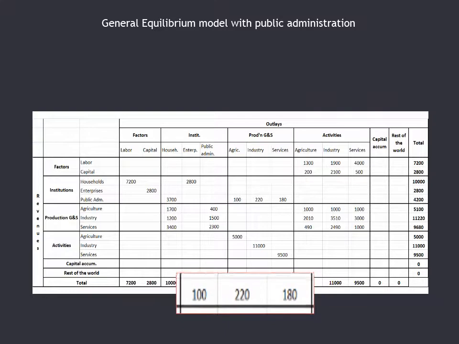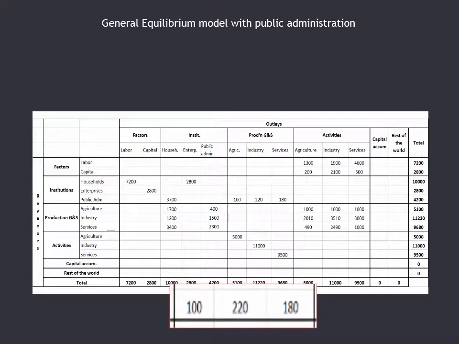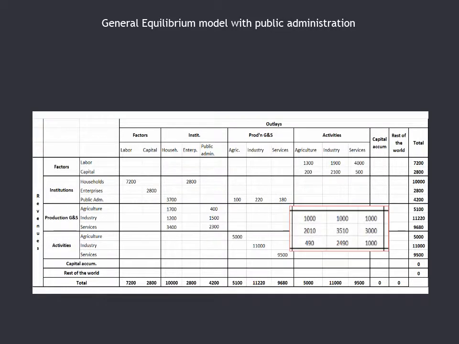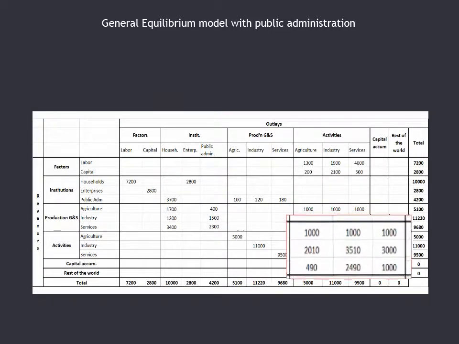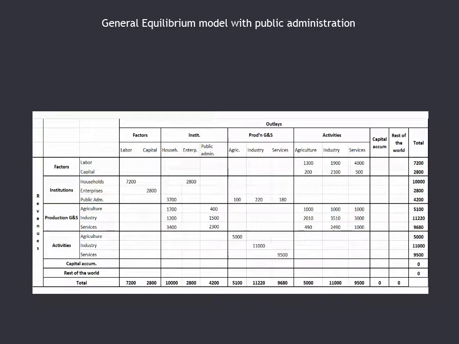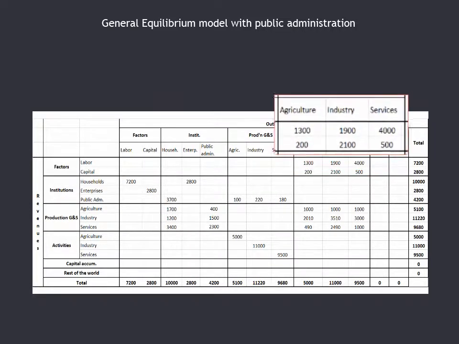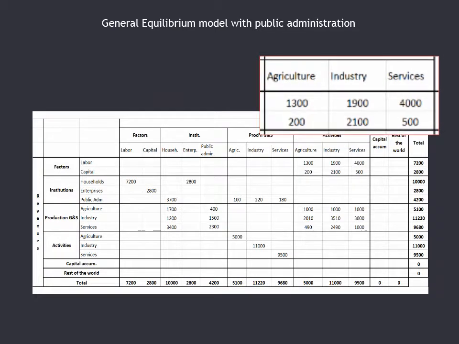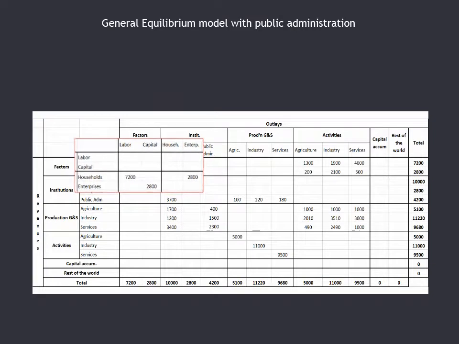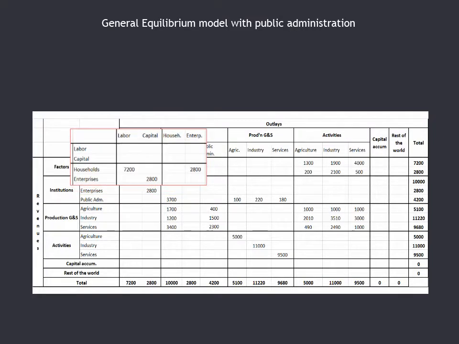These taxes are collected by firms and given to the public administration. The production of goods and services requires some intermediate consumption. Here is the matrix of intermediate consumption of the good in row by the sector in column. And then we have remunerations of productive factors. Here is the matrix. We have remunerations of labor and capital. With this remuneration of productive factors, we have the formation of income for households.